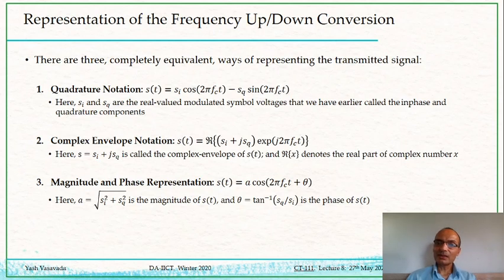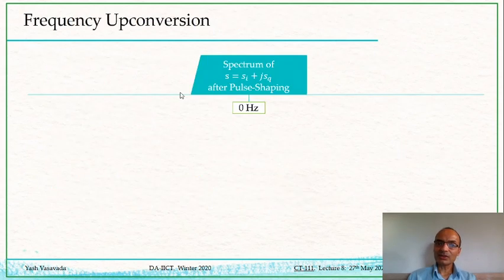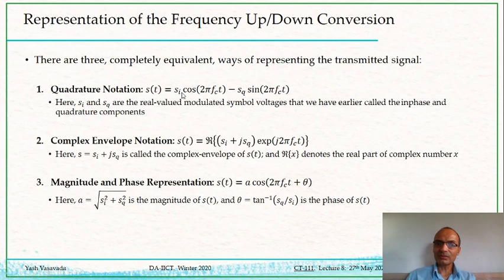Because of them, this si and sq, our symbol voltages, symbol pulses, have traveled far and wide, but now they have reached the destination, they have reached the receiver, and the receiver has to strip off this cosine and sine and extract out si and sq.